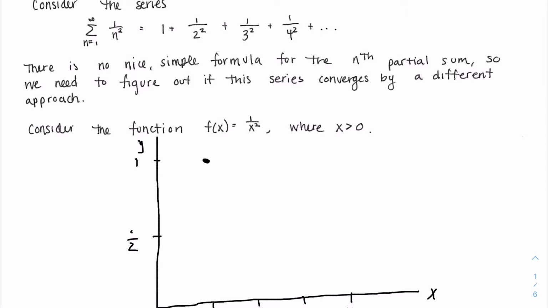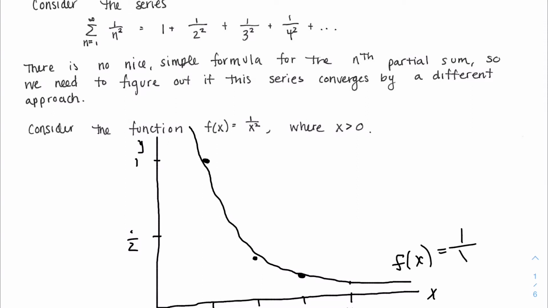When you plug in 2, it'd be 1/4, which is around here. Then you'd have 1/9, and then 1/16. So this thing's going to get small pretty quick. The graph, not the best drawer on this yet, would look roughly like this. Here's the graph of f of x equals 1 over x squared.